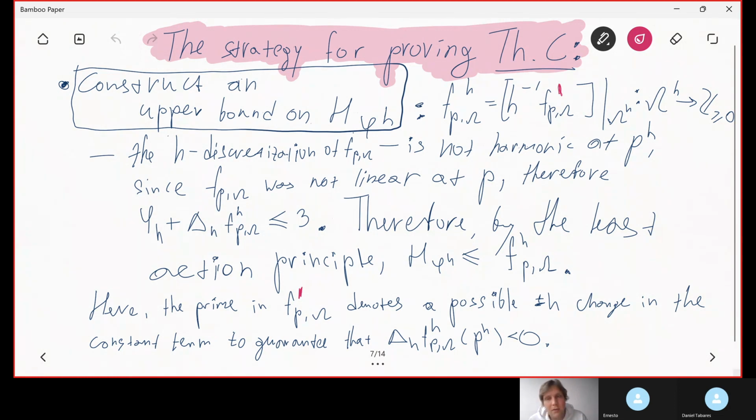You take this tropical series and say, okay, it's not linear at point P. Therefore, its discretization has strictly negative Laplacian at pH. So adding the Laplacian of this discretization to the state phi h would result in a state which is less than 3.